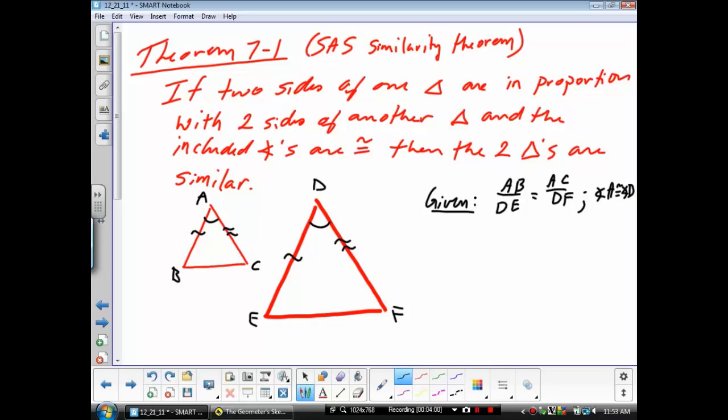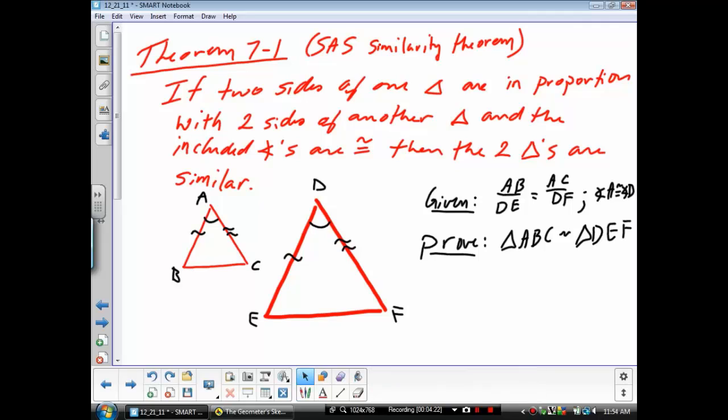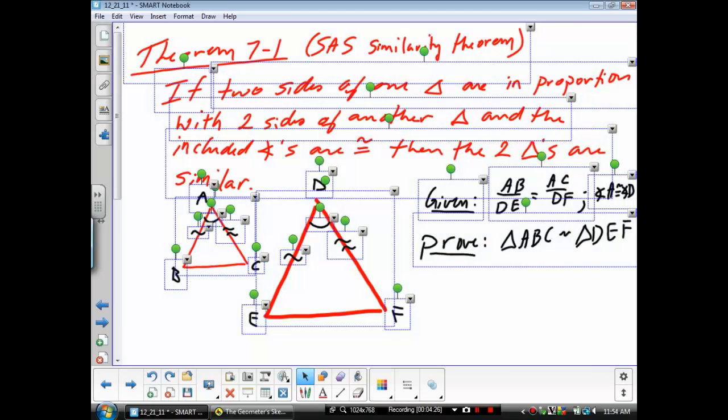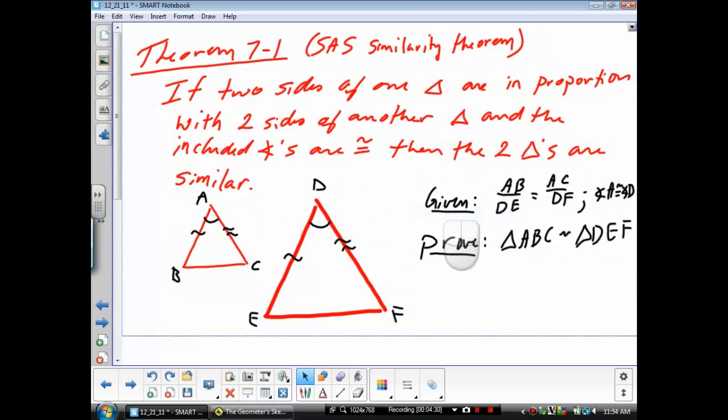Now what we want to prove is that this would mean that triangle ABC is similar to triangle DEF. Actually, angle A is congruent to angle D.